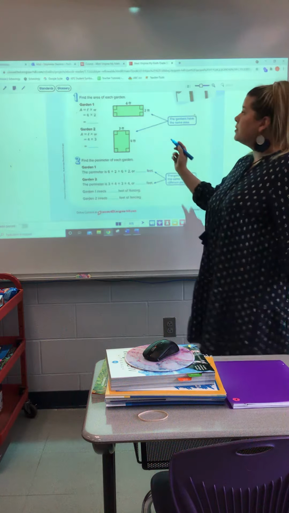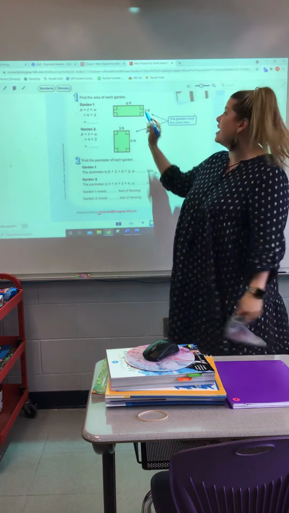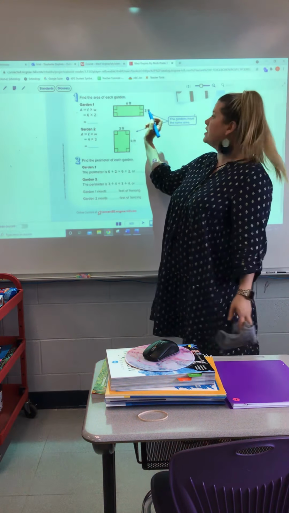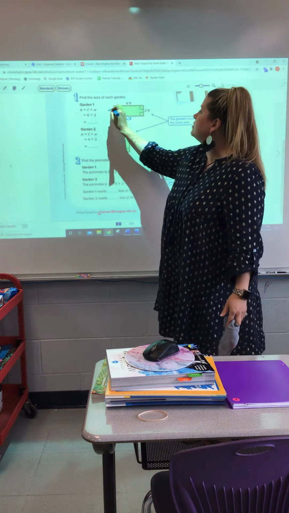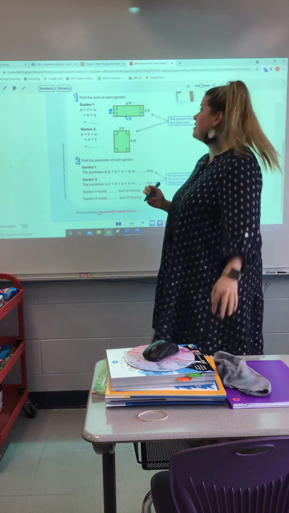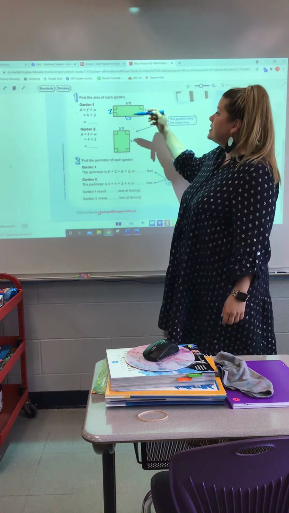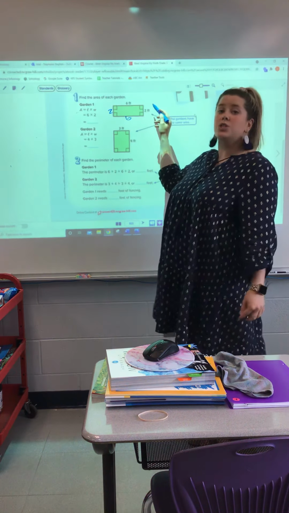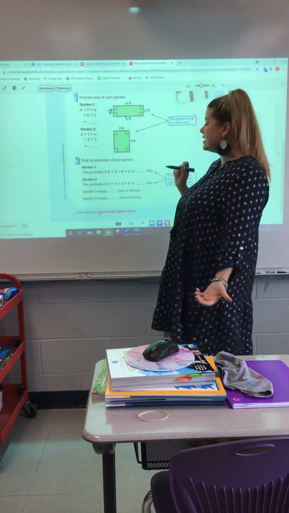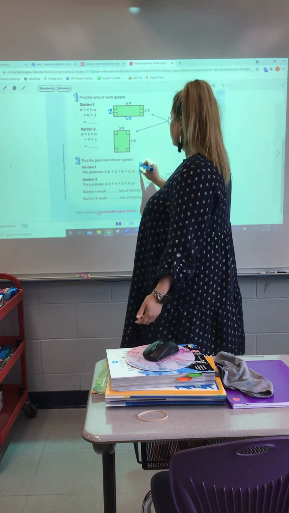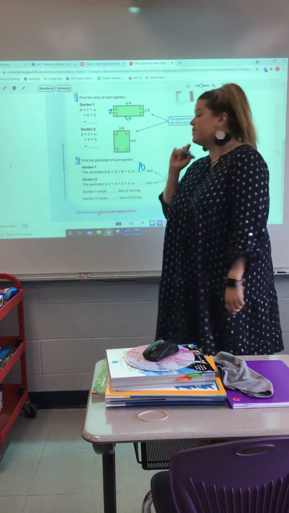Well, for the perimeter of garden 1, remember what I said, they only gave me the measurements for these 2. But don't forget, you have to measure or add all 4 sides. So 6 plus 6 is 12, plus 2 is 14, plus 2 is 16. So the perimeter of garden 1 is 16 feet.